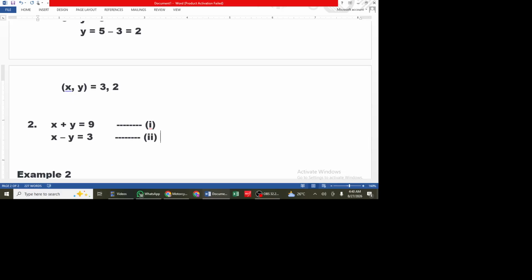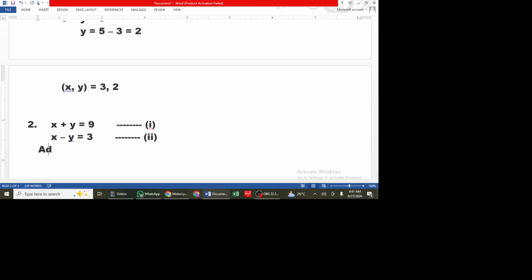And don't forget that for you to add the two equations together, they must have different signs in the middle. And for you to subtract the two equations, they must have the same sign in the middle. Now equation 1 and 2 have different signs. The first one is plus, the second one is minus. Because of that, you are going to add the two equations together.